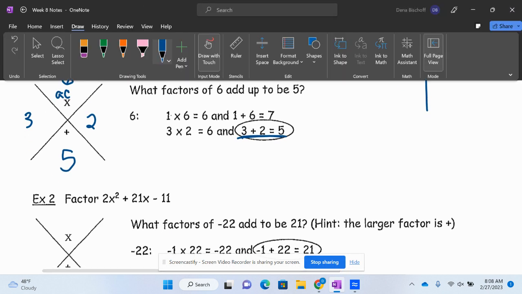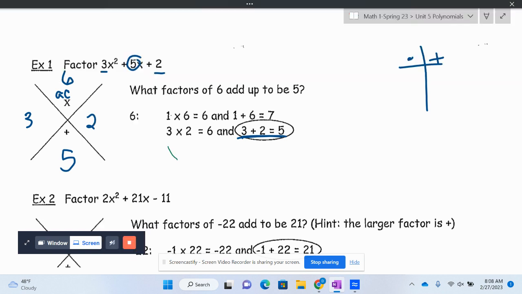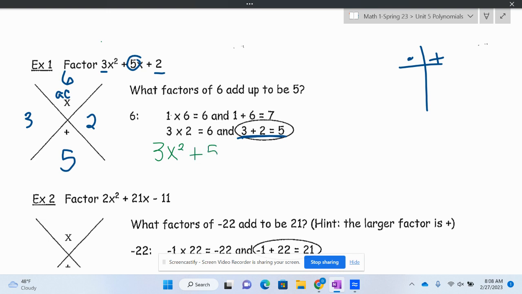So I want to show you how we split the middle, okay? We started off with 3x squared plus 5x plus 2. And we're going to rewrite it, and we're going to replace the 5x.